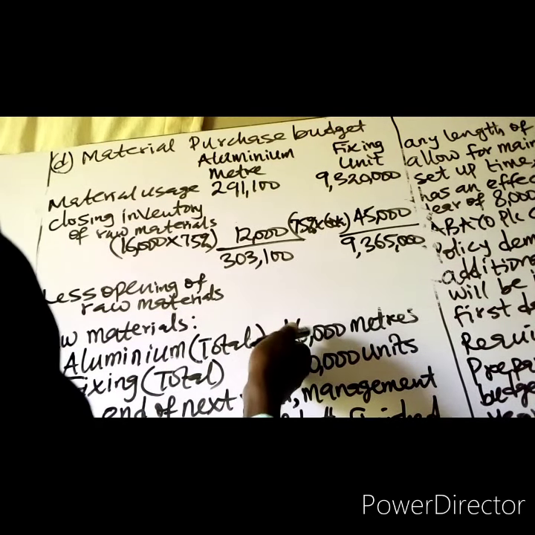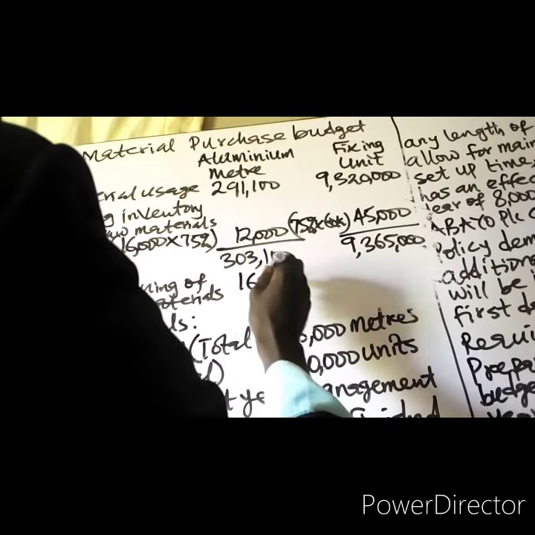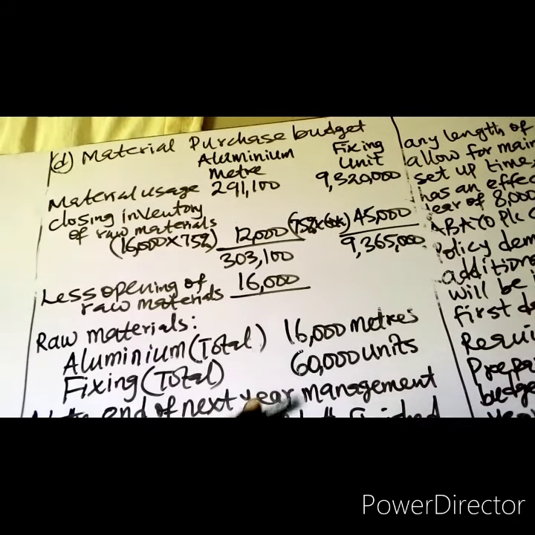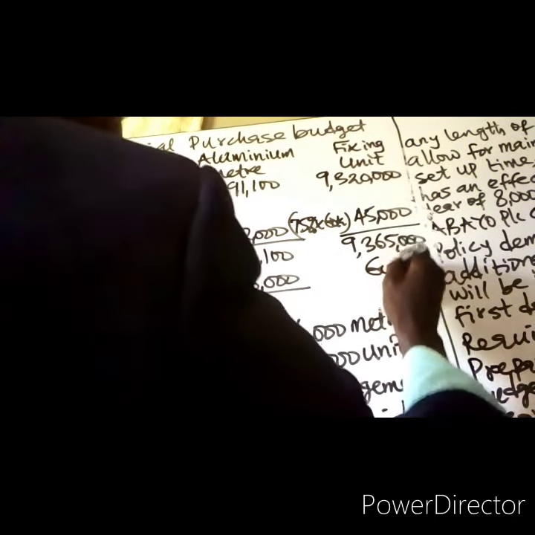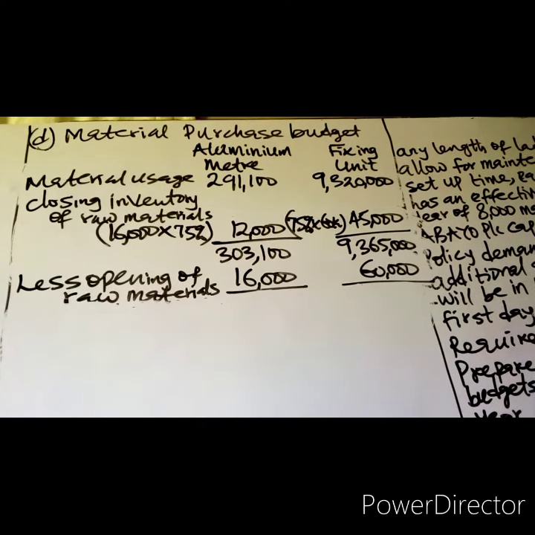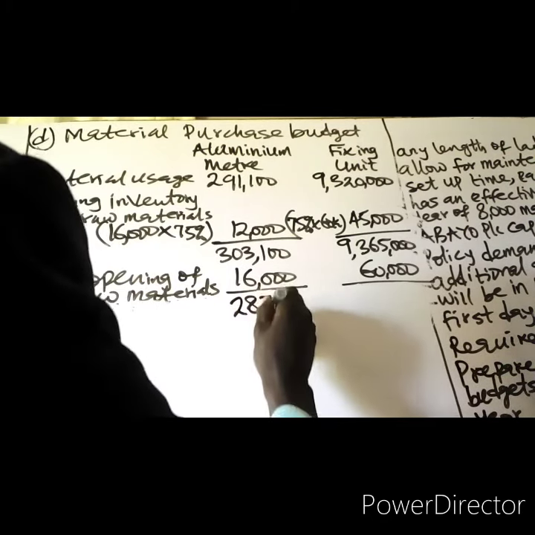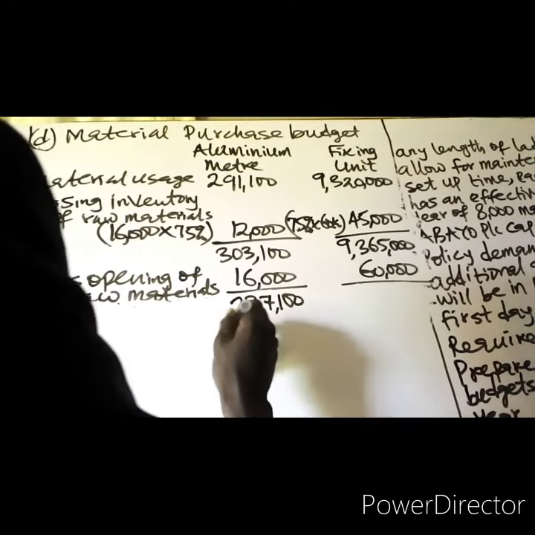You have 16,000 for aluminum and 60,000 for fizzing. 303,100 minus 16,000 gives 287,100.